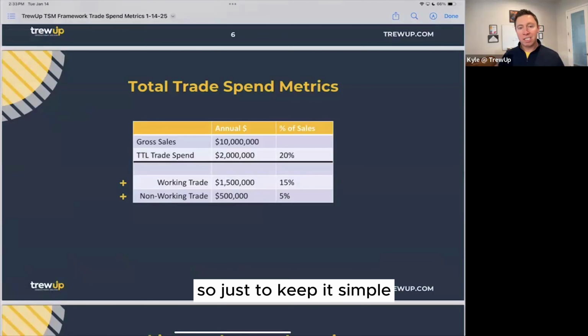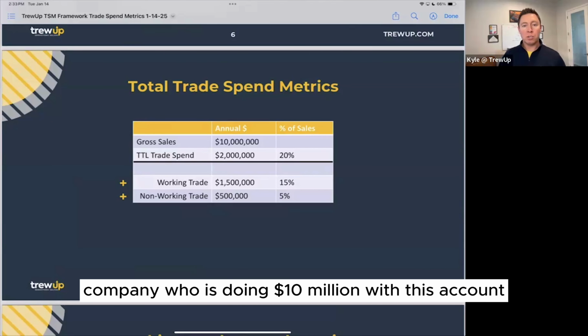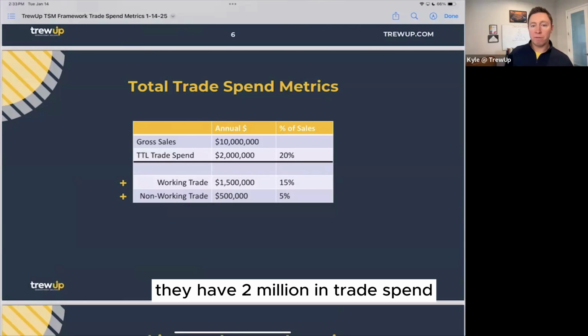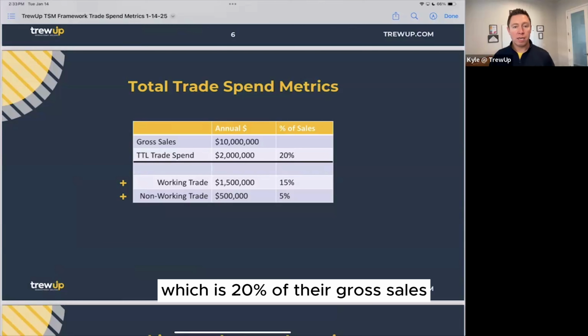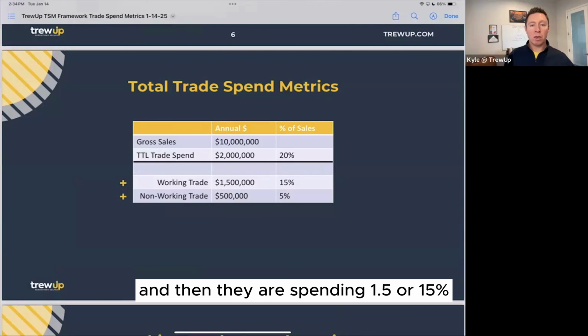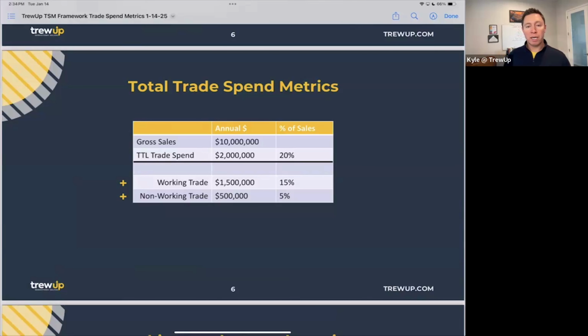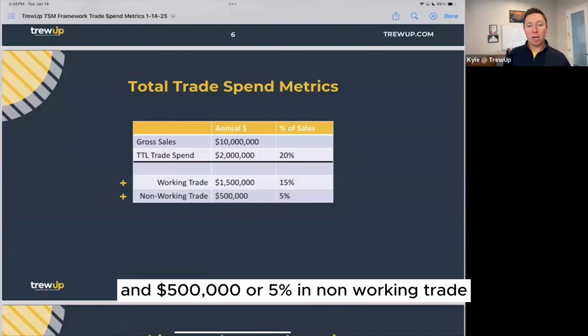So just to keep it simple, we're looking at a company who is doing $10 million with this account. They have $2 million in trade spend, which is 20% of their gross sales. And then they are spending 1.5 or 15% against working trade and $500,000 or 5% in non-working trade.